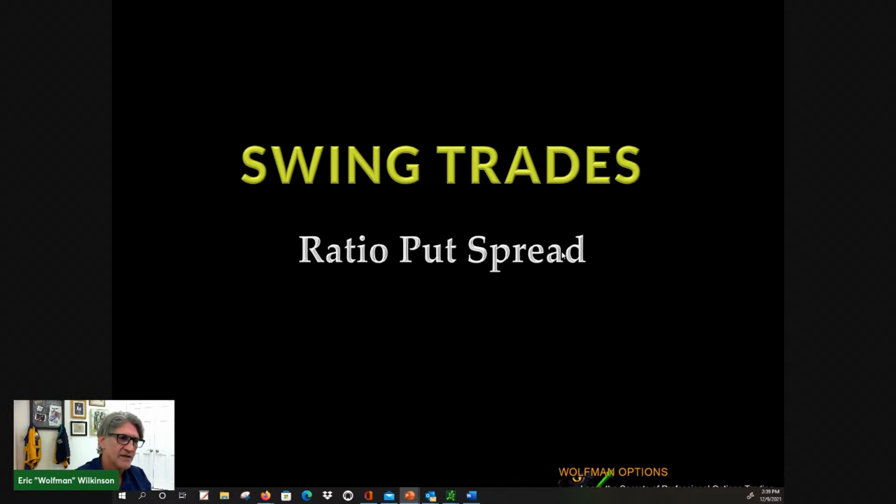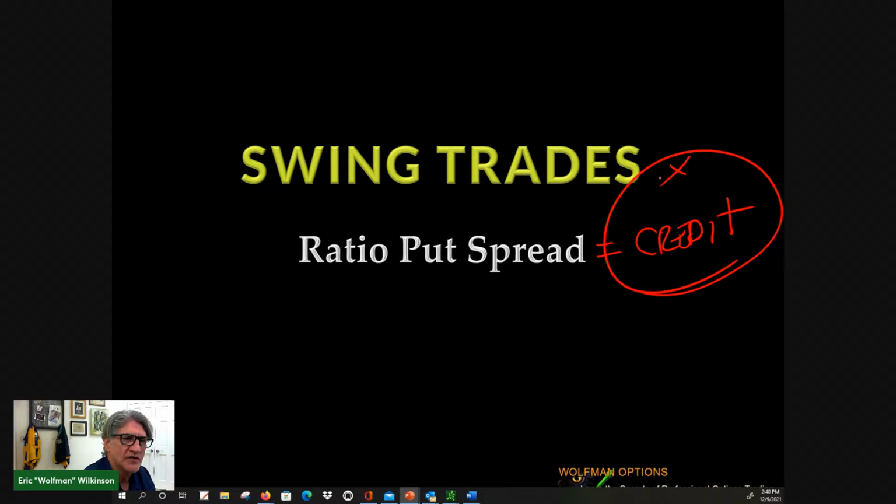Another thing is, if there's nothing else you take away from this, if you have a ratio put spread, you have to have a credit. You can do this trade for a debit, but it doesn't make sense to do this for a debit. And this is something I forgot to talk about last week, folks. So hopefully some of you that were here last week are here this week, because the reason why we have to do this for a credit is because we're adding on that layer of risk.